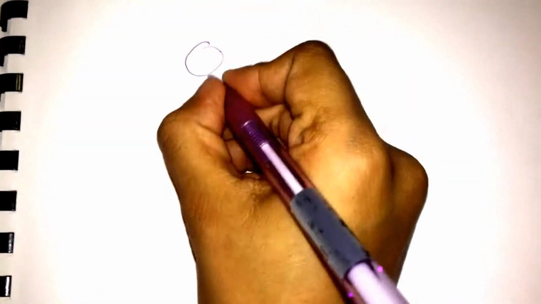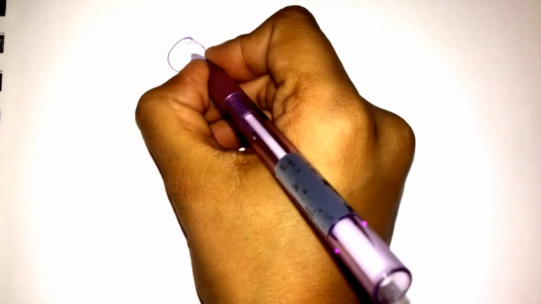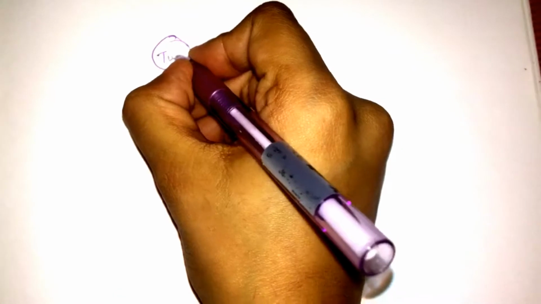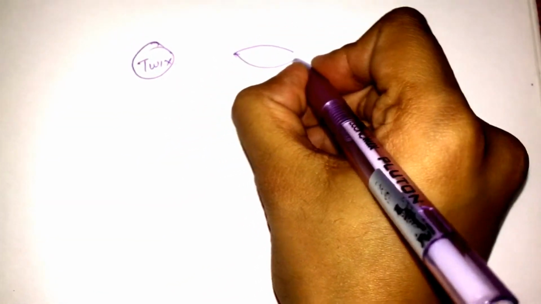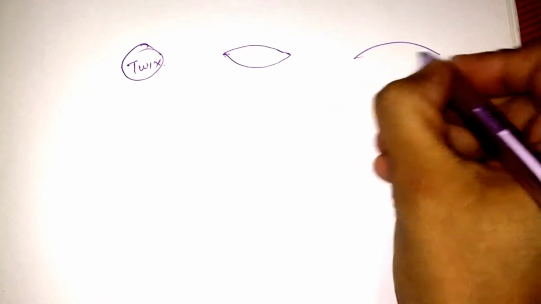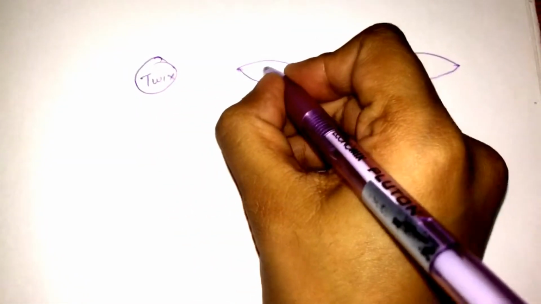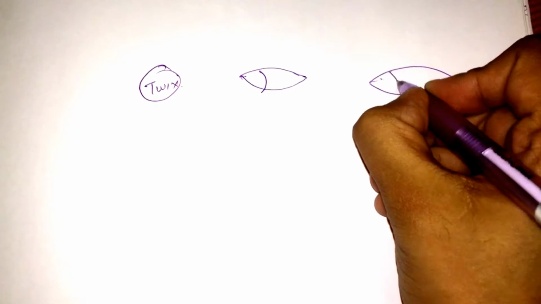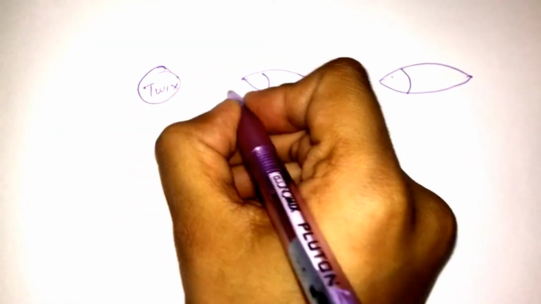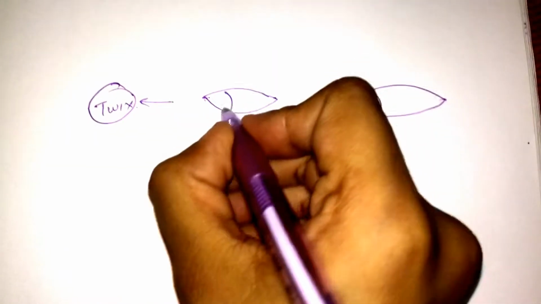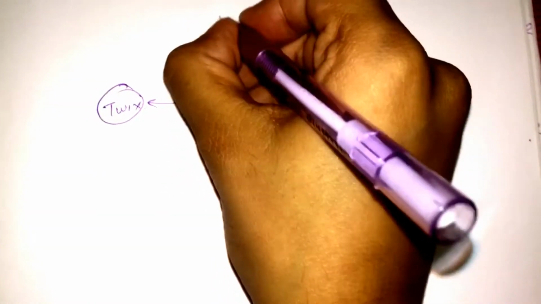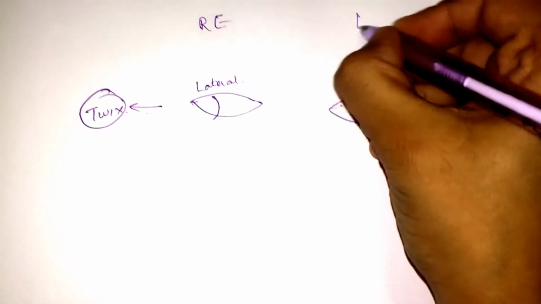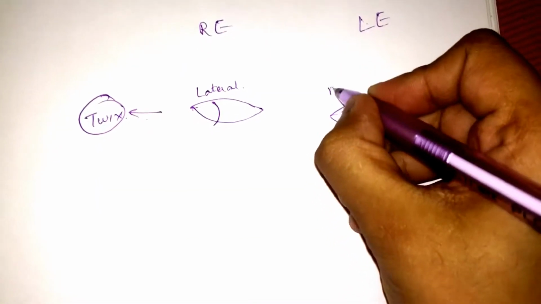Okay. So imagine there is a chocolate here, maybe Twix. And then obviously you're going to be tempted to look at it. Not just eat, but even look at it. So you're going to look towards the right side to look at the Twix. So this one here is lateral, the right eye, the left eye, and this here is the medial.